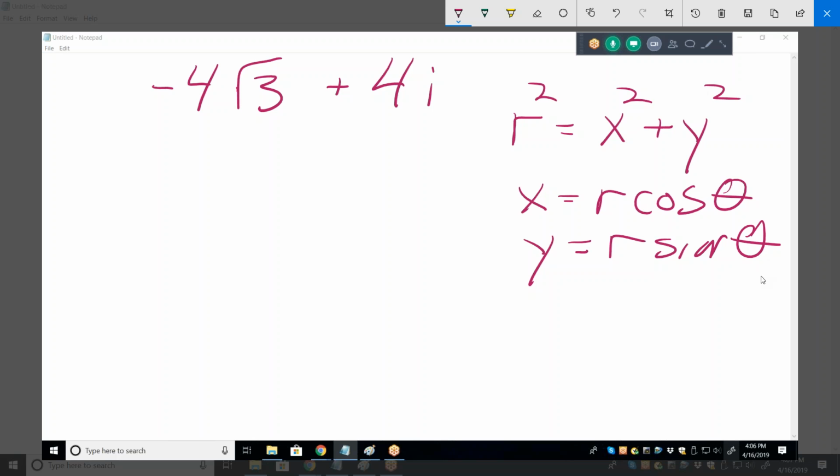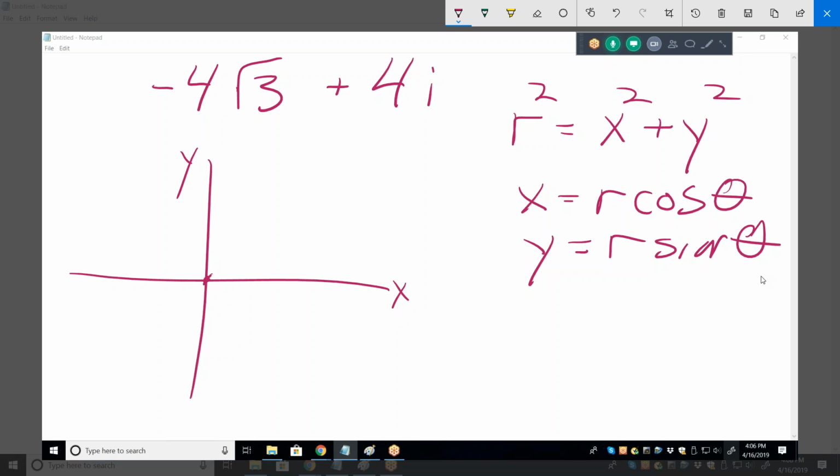And r is the hypotenuse. In polar format, let's talk about that for a moment. Polar can be laid right over top of the x and y grid. The difference is that polar starts at the origin and works its way out with concentric circles.